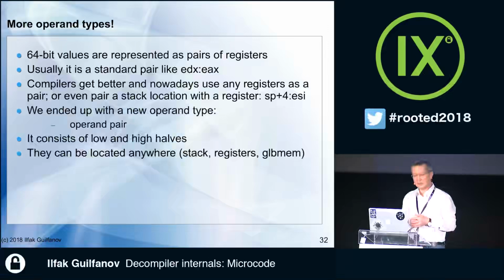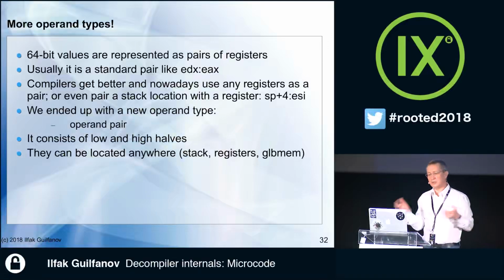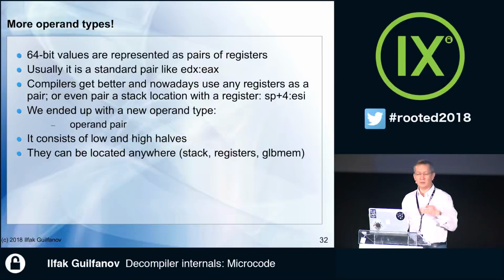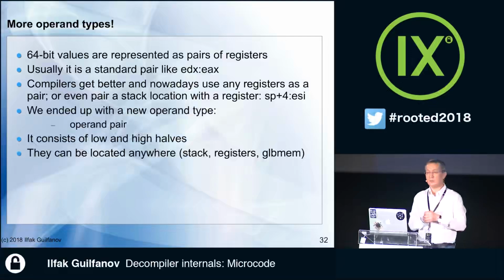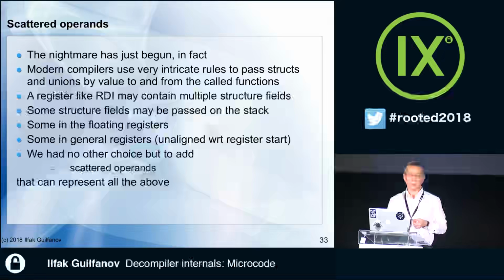It's called operand pair. It has two parts, low and high, and they can be located anywhere: global memory, stack, registers. It's really used by modern compilers, and a decompiler that does not support an operand pair will not be able to generate nice output.